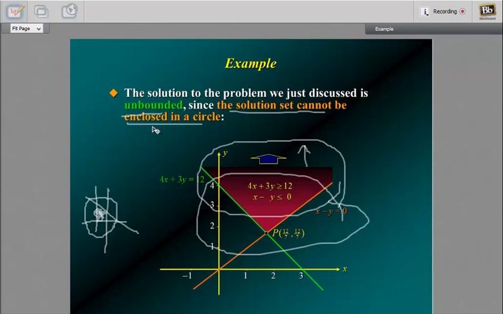It is bounded, and this cannot be enclosed in a circle, so it is unbounded. Maybe this type of one line objective question may appear, asking which one is bounded and which one is unbounded. You will say that when a feasible region is enclosed in a circle, then it will be bounded.